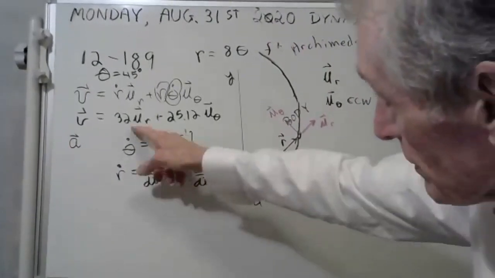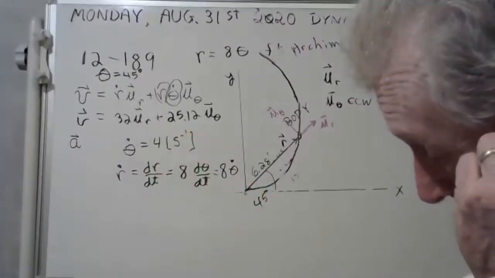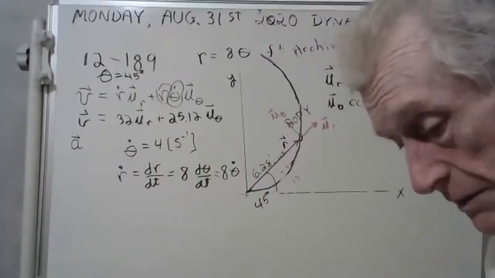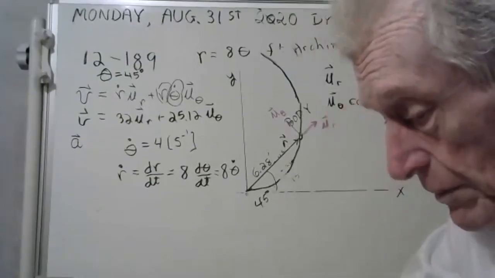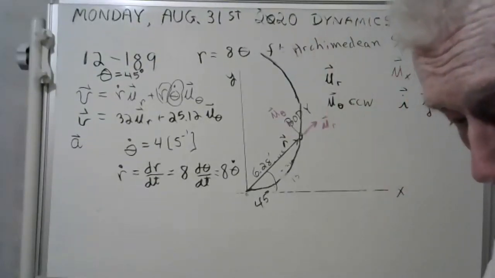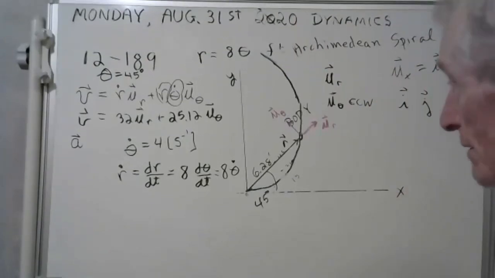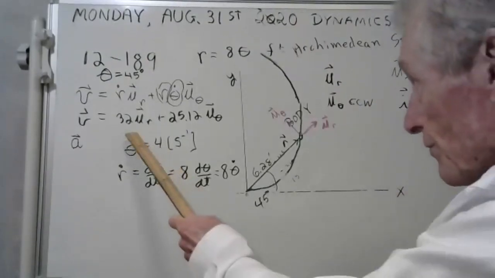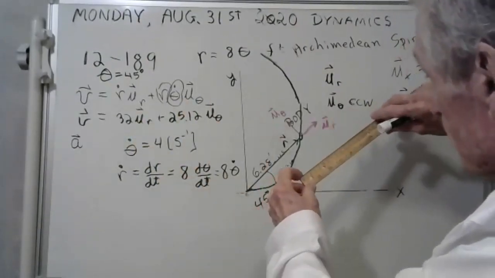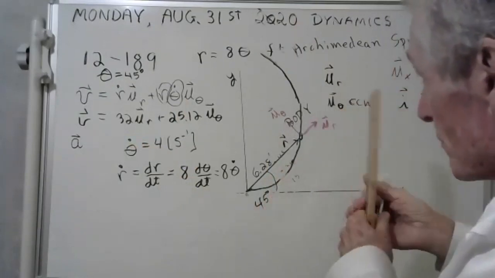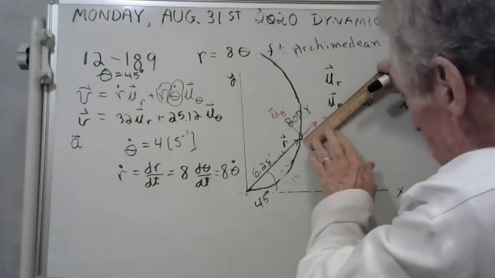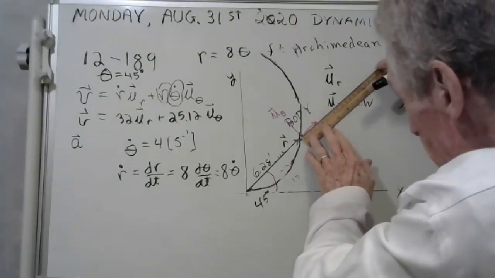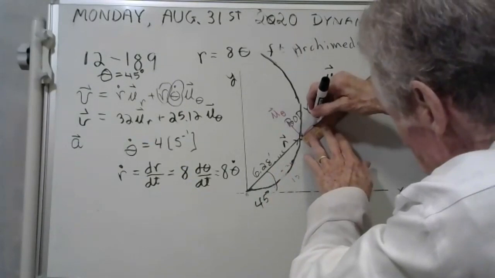Well, in the radial direction, we're going to go over 32 and up 25. I wonder what kind of scale I should use. Maybe centimeters might work. Let's try that. If you go 32 in the radial direction, we're right here at our body. 32 puts you right here.